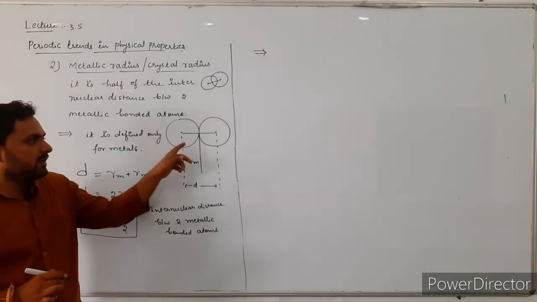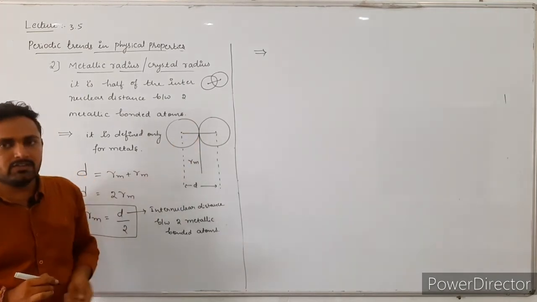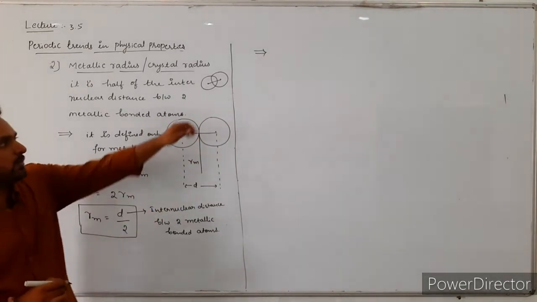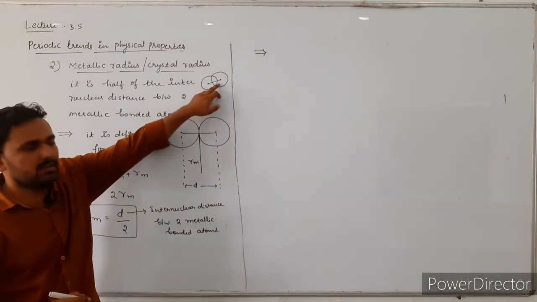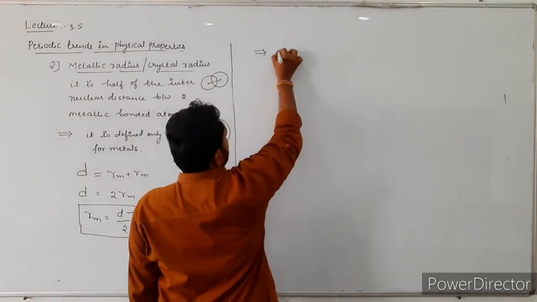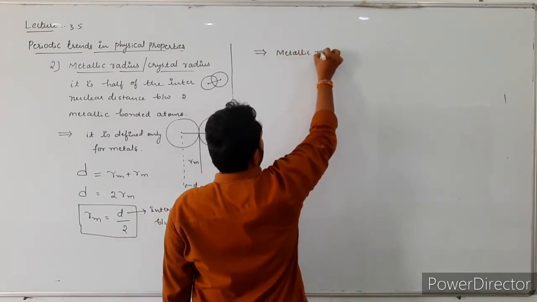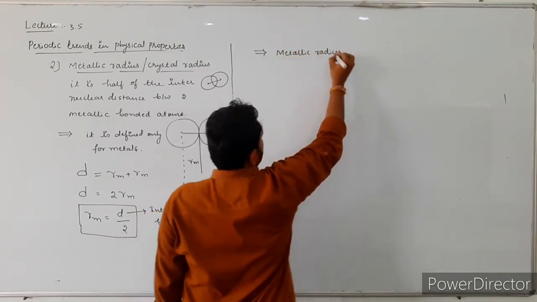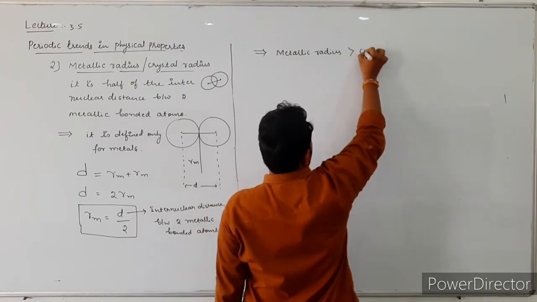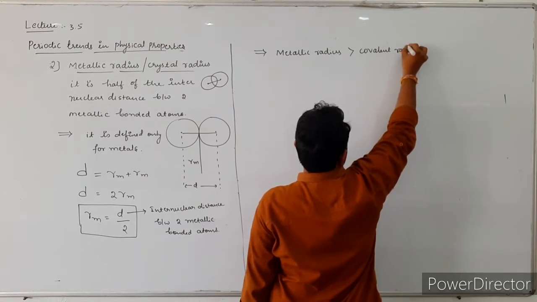Because in metallic bonded atoms, the internuclear distance is more compared to the internuclear distance between covalent bonded atoms.